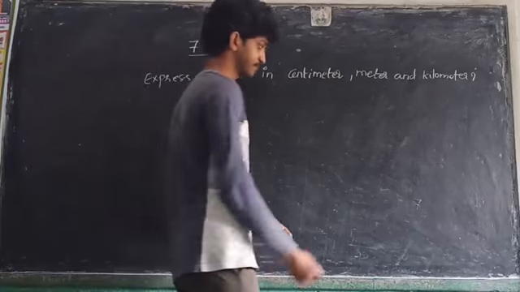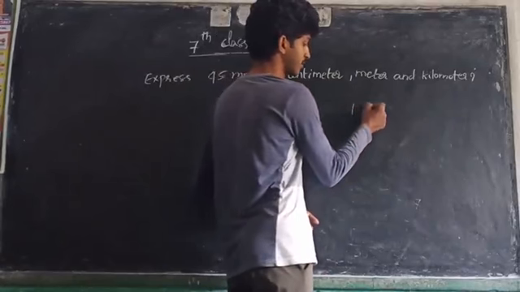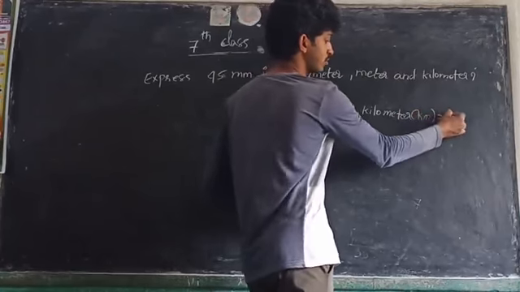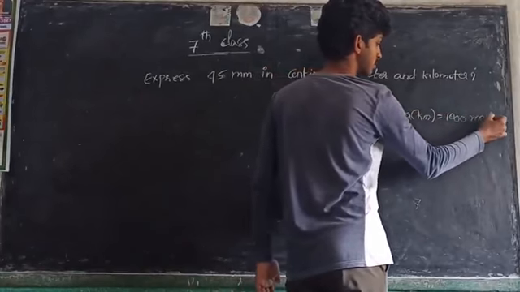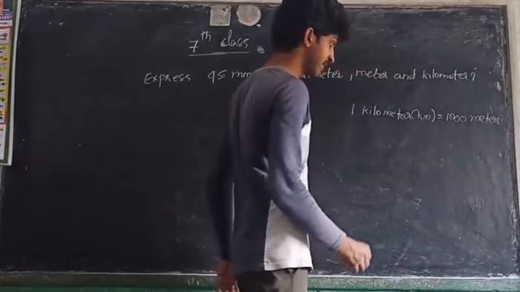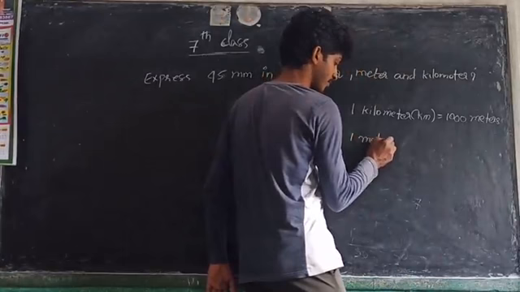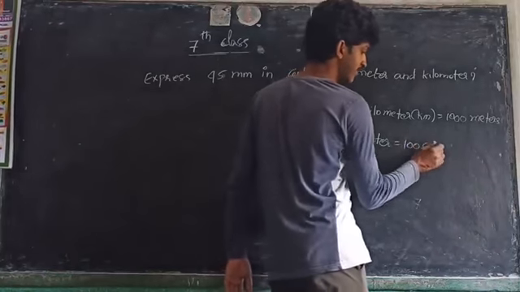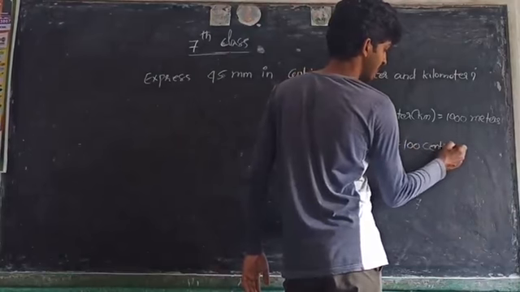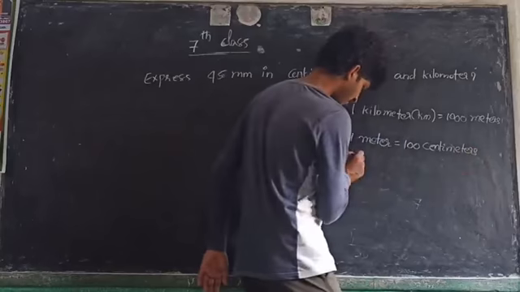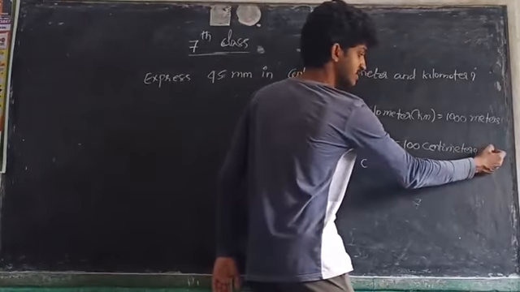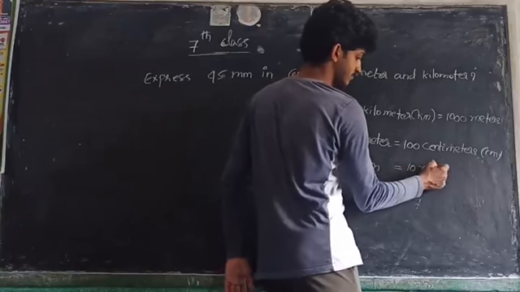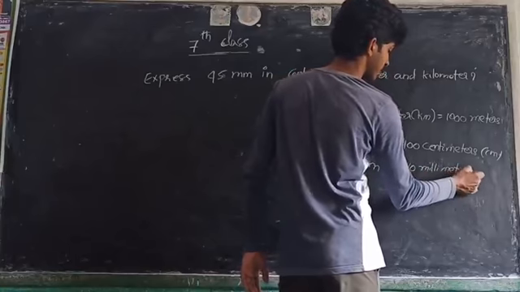See here, 1 kilometer, km, is equal to 1000 meters, and 1 meter is equal to 100 centimeters, and 1 centimeter, cm, is equal to 10 millimeters.